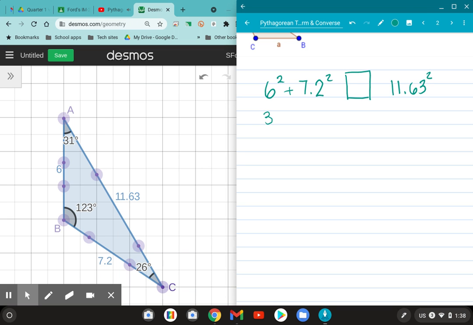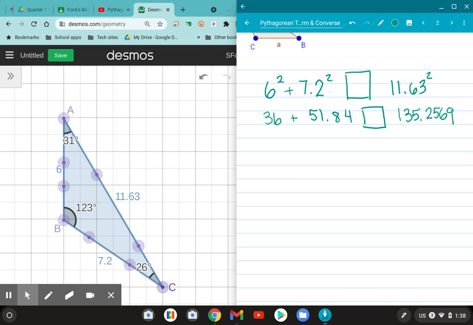So 6 squared is 36. And then 7.2 squared is 51.84. Don't know what goes in there yet. 11.63 squared is 135.2569. And you know, with Desmos, it's getting close.